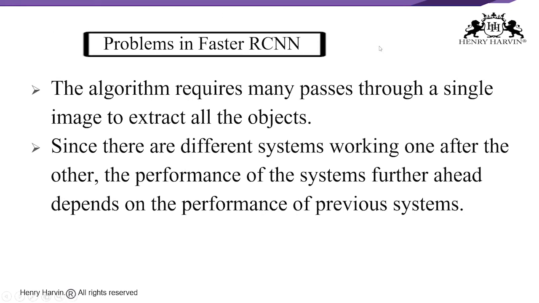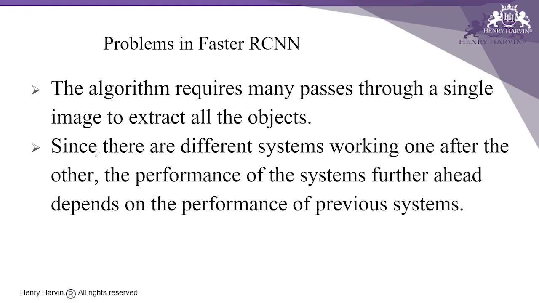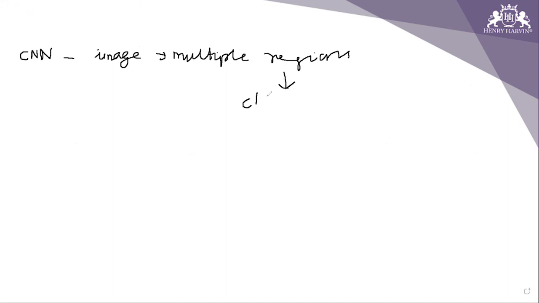Now we have discussed CNN, RCNN, Fast RCNN, and Faster RCNN. So let us have a quick recap. We have seen CNN. What are the features in CNN? It divides the image into multiple regions, and then these are classified according to the various classes.